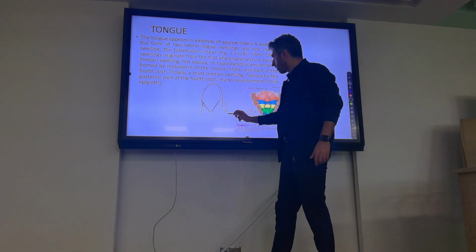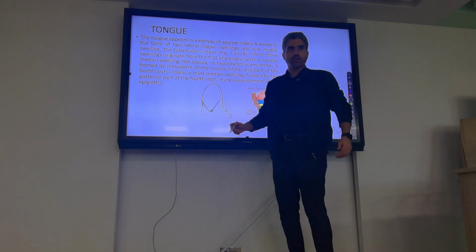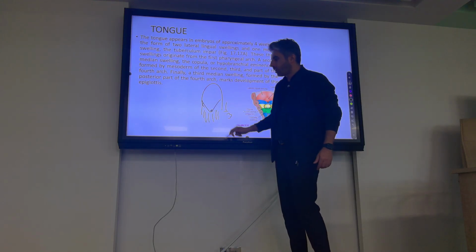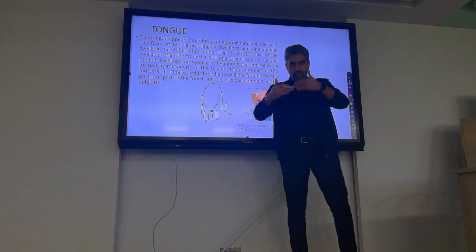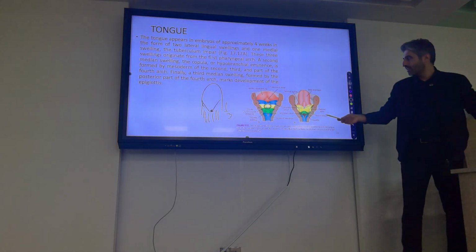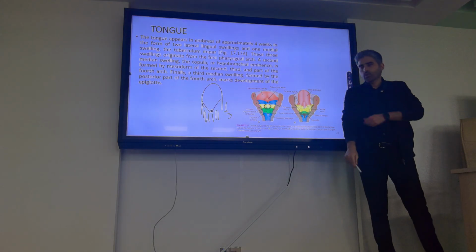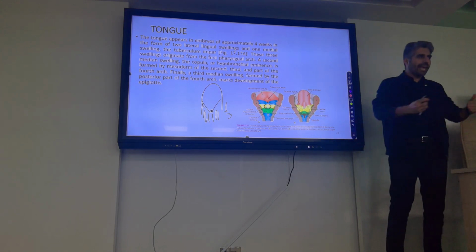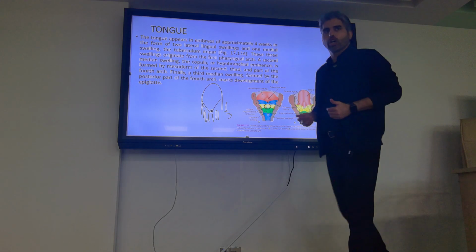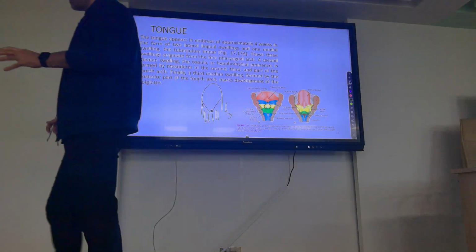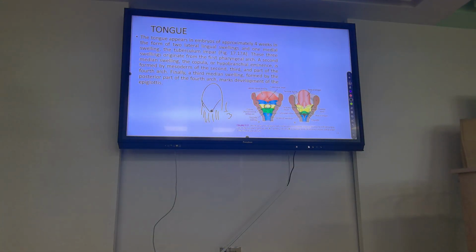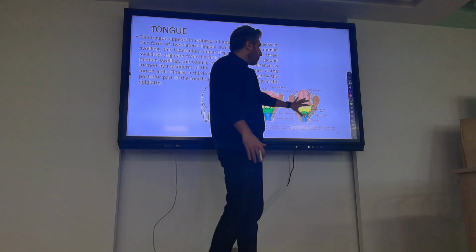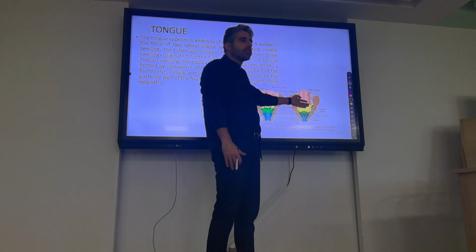This is the posterior 1/3, and the foramen cecum is anterior to the third arch, anterior to the copula. Finally, the end of the tongue is attached to the epiglottis. It has the epiglottic swelling and the sense here is by the internal laryngeal nerve. All of these parts then attach together and make the final tongue.